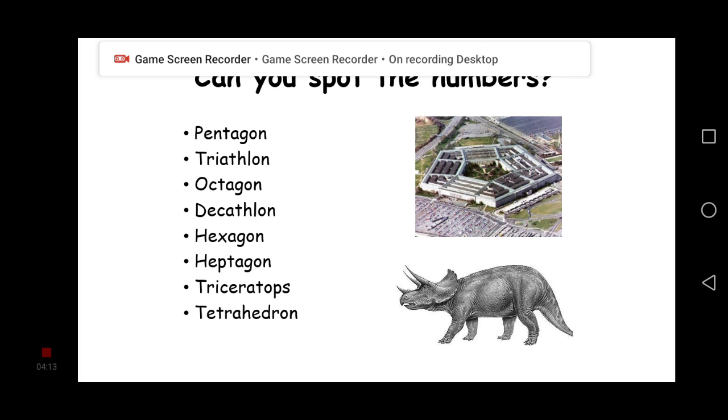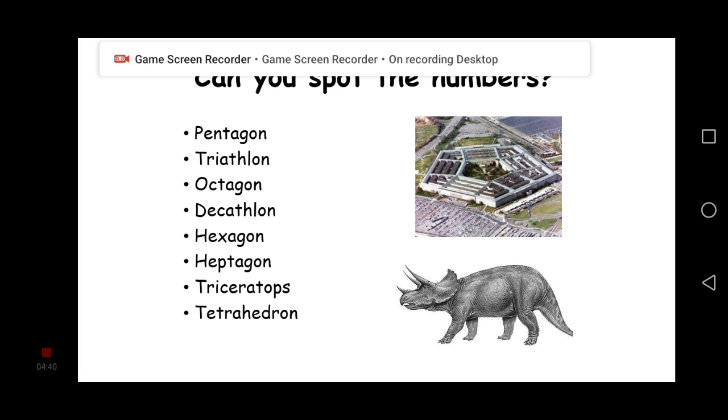Pentagon is 5, triathlon is 3, so we've got 3 events. Octagon, 8 sides. Decathlon, that's a 10 event competition. Hexagon is 6, heptagon is 7. Triceratops is a dinosaur with 3 horns, that tri. And tetrahedron, you can spot the 4 in that, can't you?